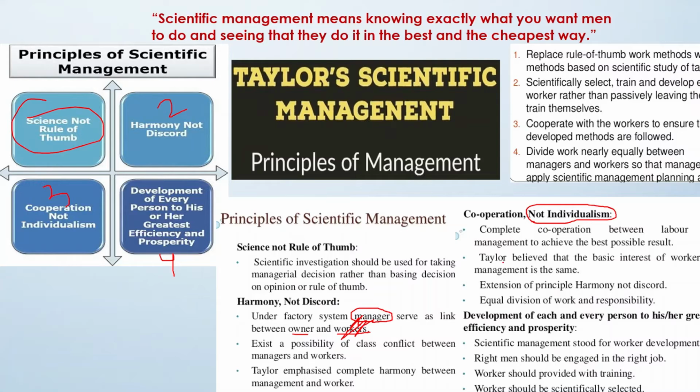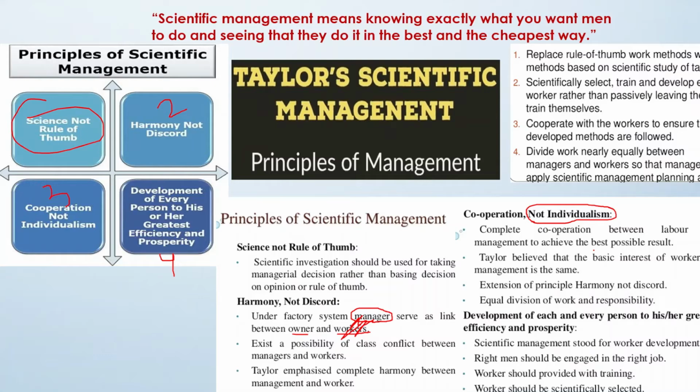Cooperation between the management and the labor or the worker will lead to success, and it is in the best interest of both the management and the worker. If we are following cooperation, that is, working together.